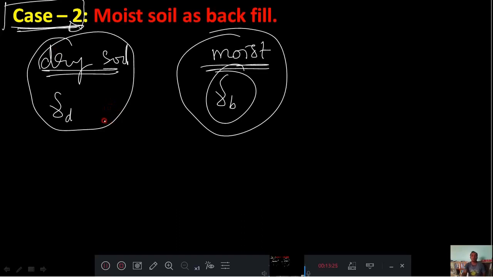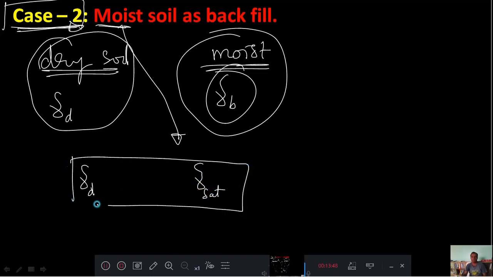Then here, what is this moist soil? Moist soil means there will be some moisture content. The moisture content may be a little bit or maximum. When I say zero moisture content, then I will get a gamma d. When I say maximum moisture content, then I will say it is a gamma sat.